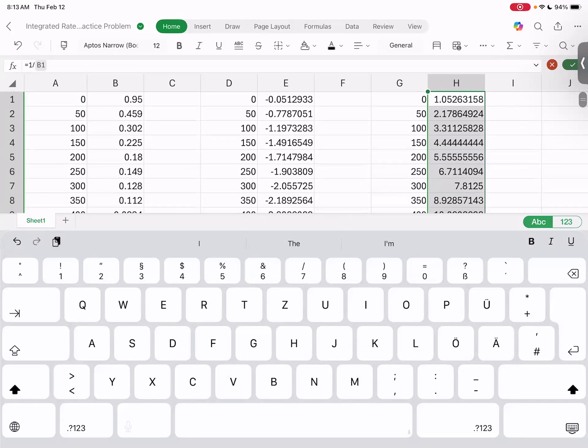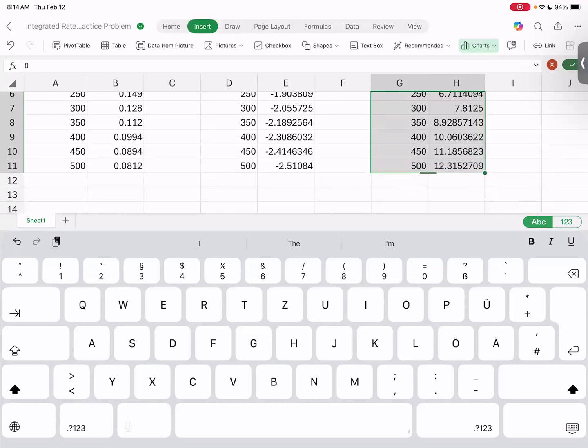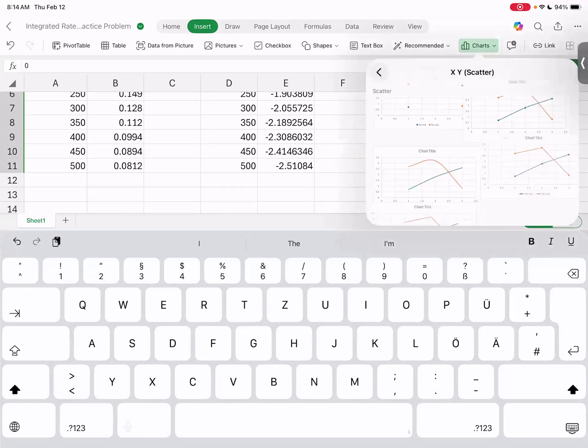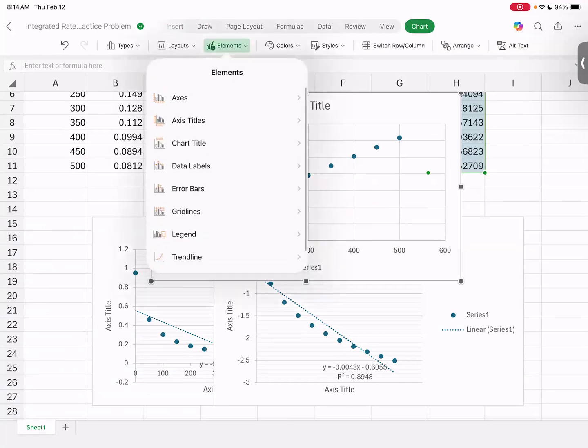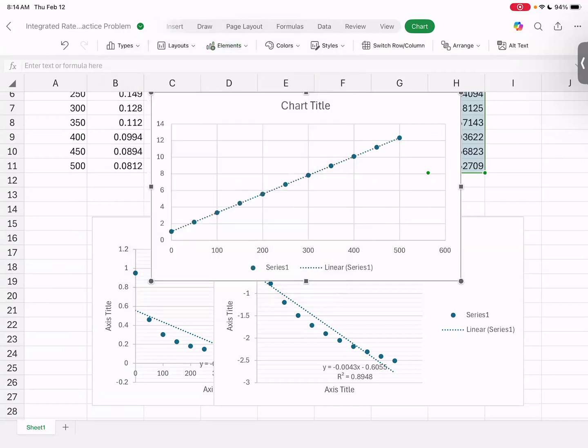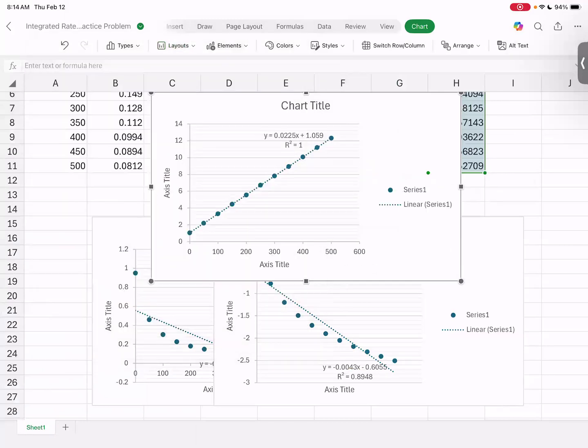So you put in 1 divided by that number and you graph it. And you add your trend line, and you make sure you have your equation. And here we have an R squared of 1.